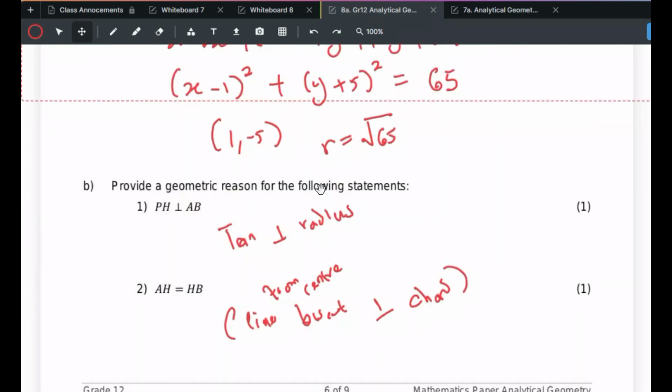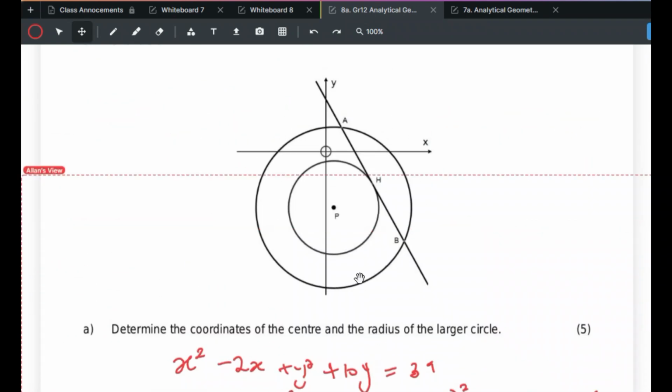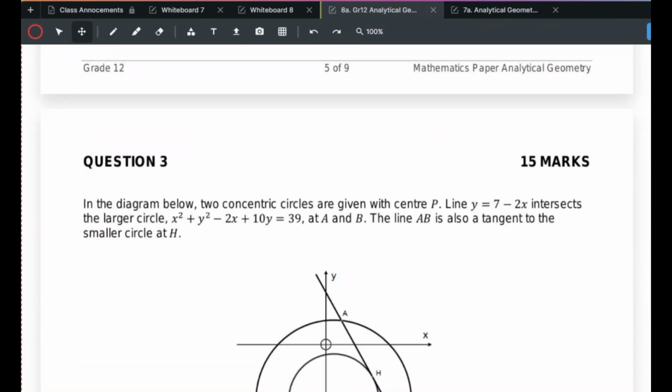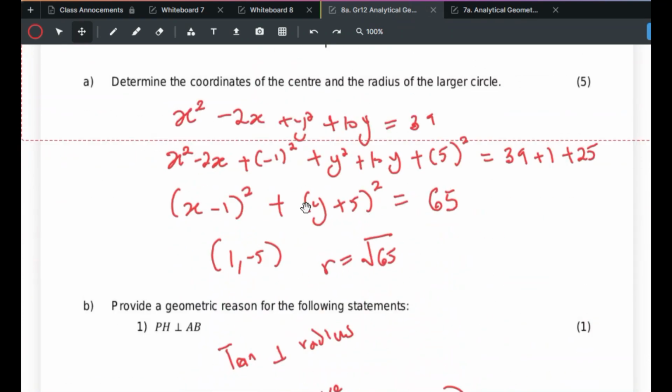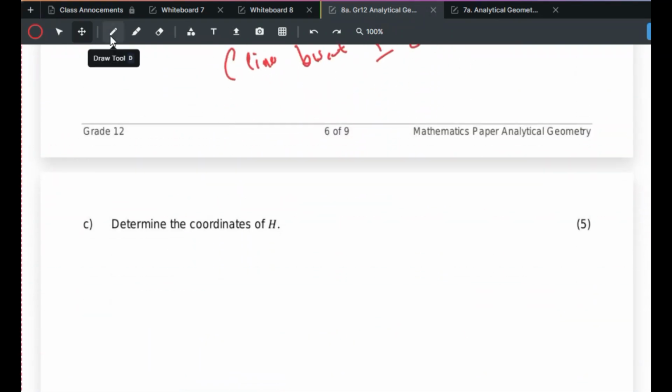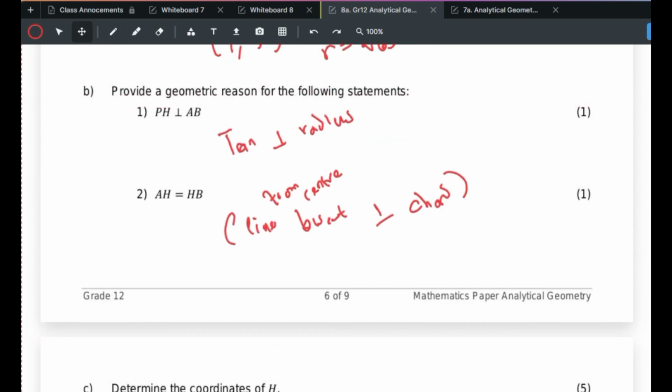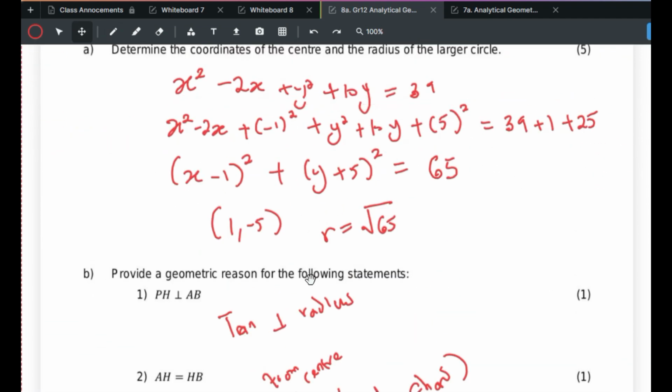So let's see H. I needed the equations. So y is equal to 7 minus 2x. All we need to do for this question is put it into this other one that we have here.